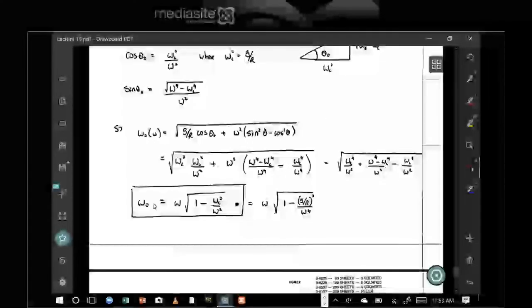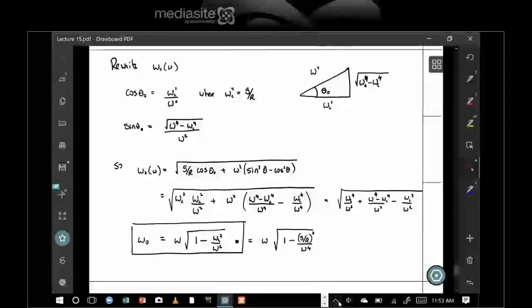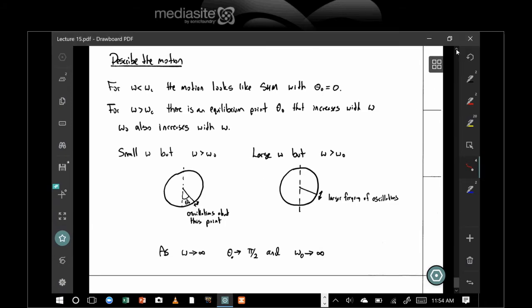When I multiply this term times this term, I get delta squared, which I'm going to drop again because I'm ignoring terms of delta squared. And this is the equilibrium position, which I set equal to 0. So thus my differential equation looks like simple harmonic motion, with this as my frequency of small oscillations.